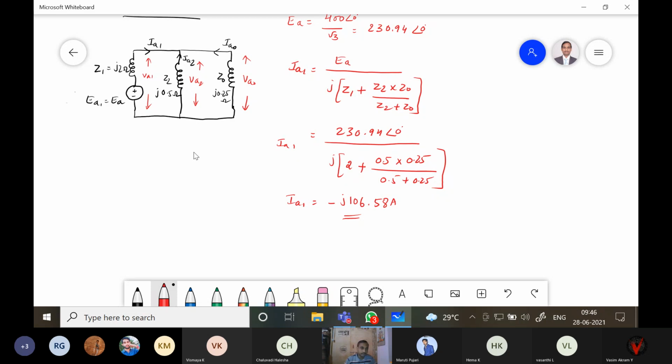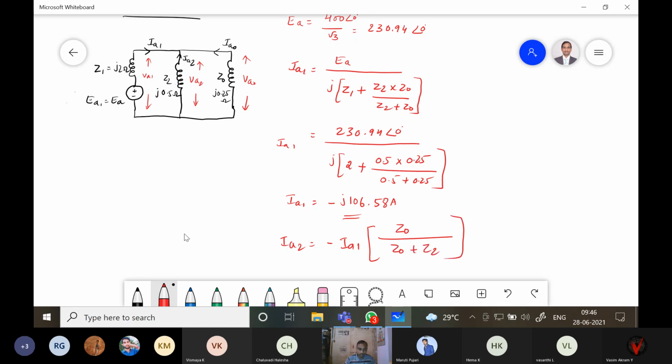So similarly calculate IA2. Using the current division rule, IA2 is equal to the main current IA1, but in opposite direction, so minus IA1 into the opposite impedance, Z0, divided by the sum of the total impedance, Z0 plus Z2.